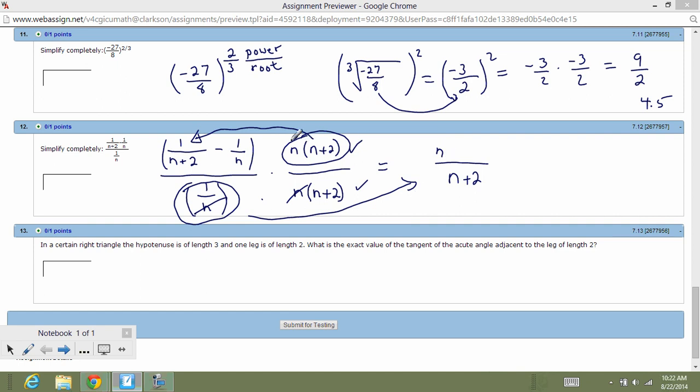And then when the n times n plus 2 is multiplied times negative 1 over n, you'll get an n cancellation, right? This n will cancel with that. But you'll be left with a quantity n plus 2 times that negative 1. So I'm just going to write it out like that. Make sure you grasp that part.